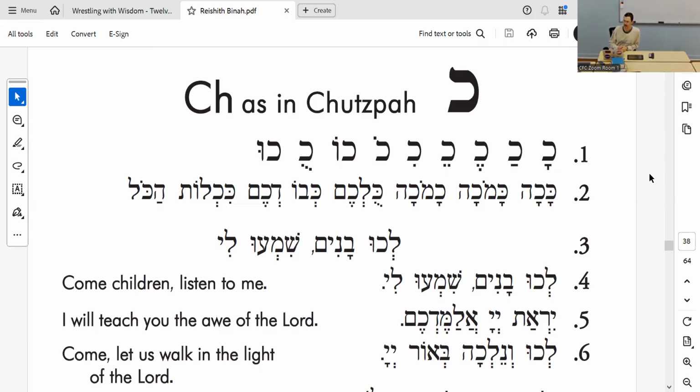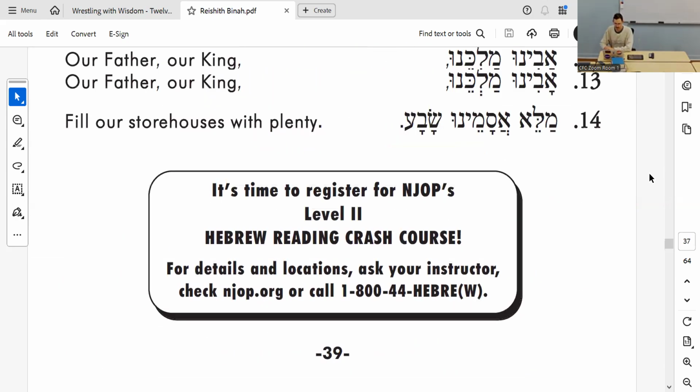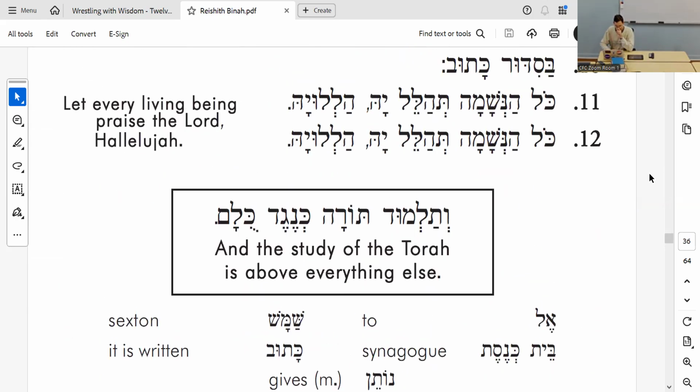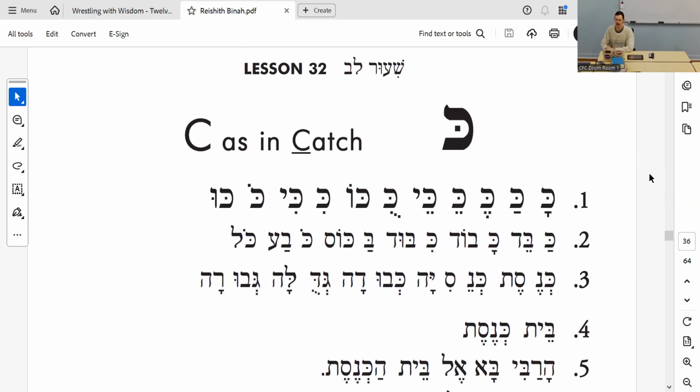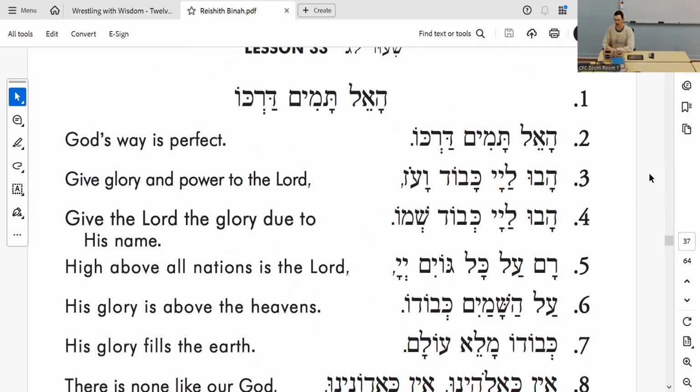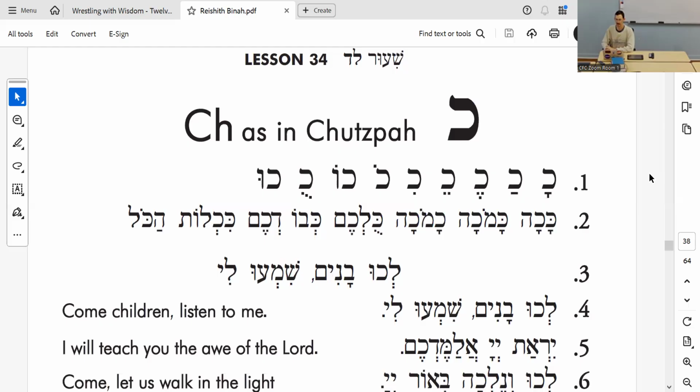Okay, so this is the letter Khaf. You know the letter Khaf already. We met this letter before in the previous lesson, and it looks like this. What's the difference between this and this? Who wants to say?